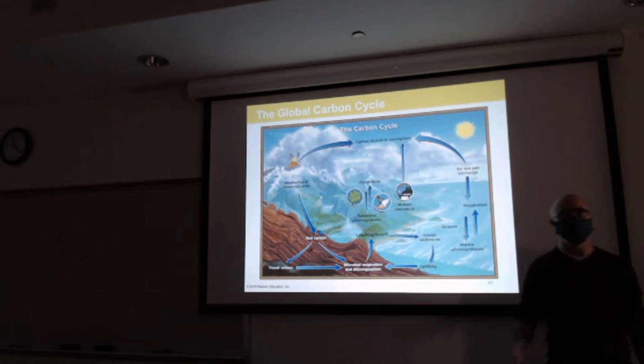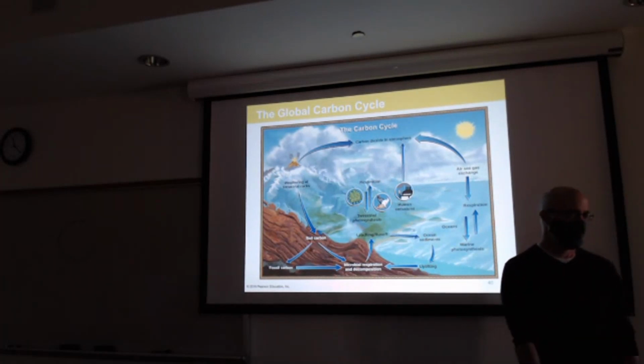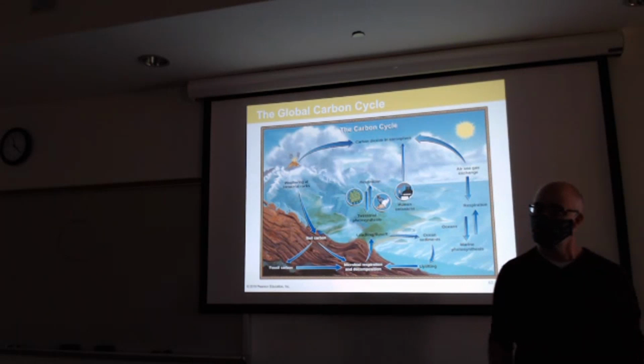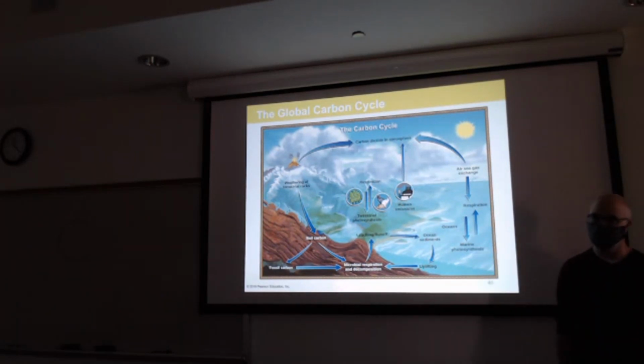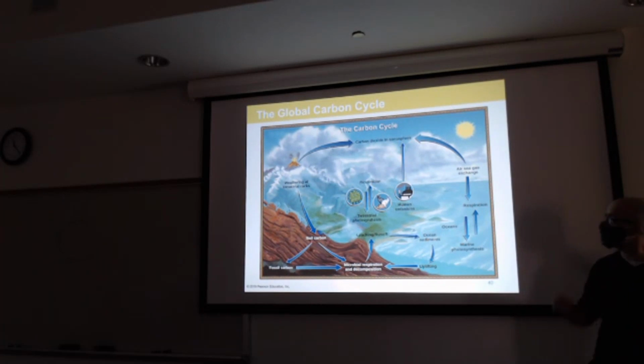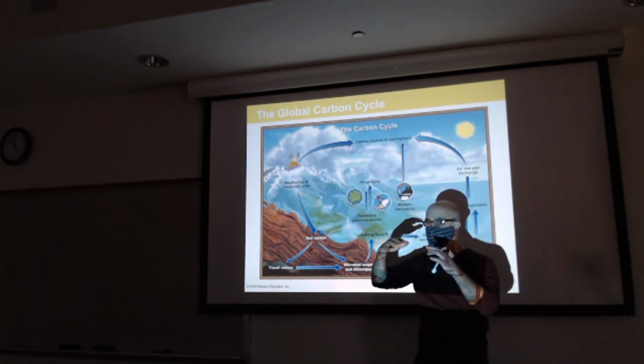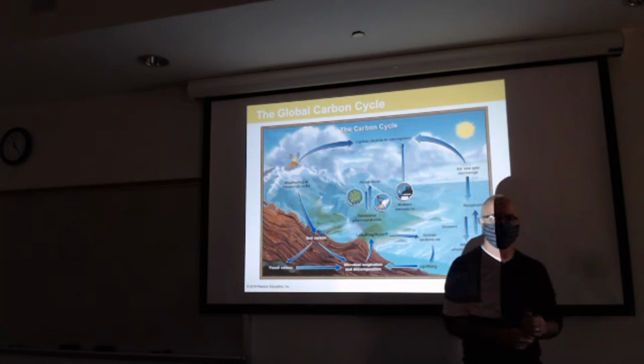But what's the one new thing? This has been happening for 3.5 billion years. There's been living things. What's the new thing on this diagram? New in the last probably 400 or 500 years. New what? A new arrow on here. A new sort of element of the carbon cycle.